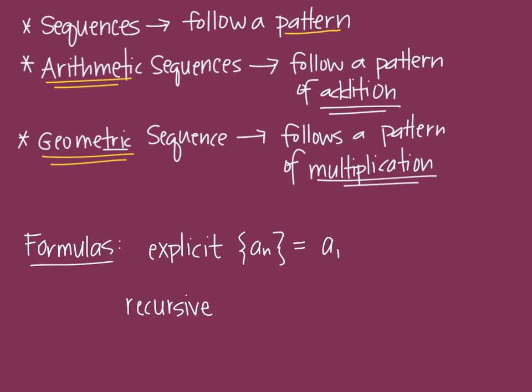Okay, so remember yesterday it was A1 plus D. This time it's going to be multiplied. And the multiplication is by the letter R. Okay, we'll talk about what R means. Then we need n minus 1, and n minus 1 is the power, the exponent n minus 1. That is the explicit formula that will create a pattern based on multiplication.